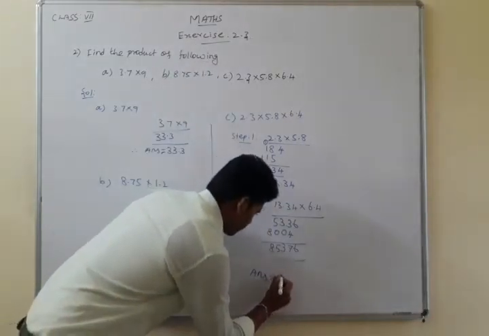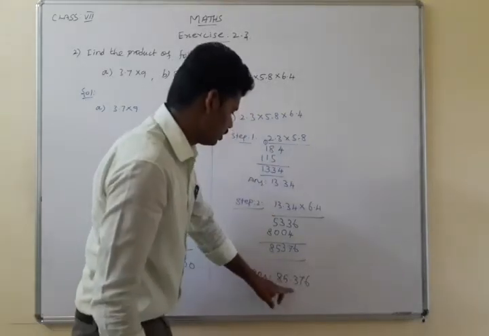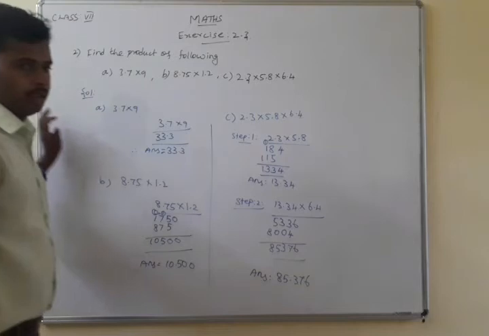Answer: 85.376. Total 3 decimal places. This is the answer.